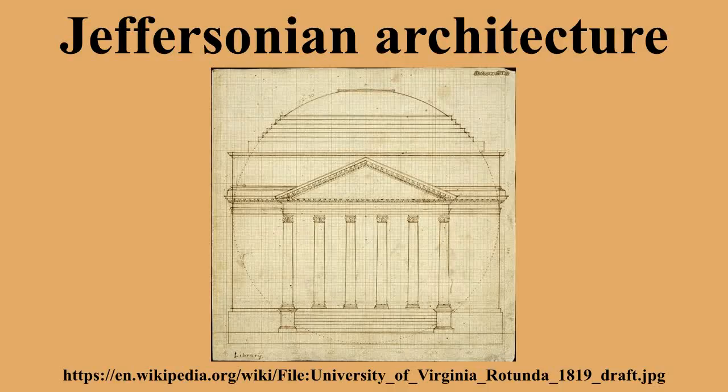The room inside the dome was described by a visitor as a noble and beautiful apartment, but it was rarely used, perhaps because it was hot in summer and cold in winter, or because it could only be reached by climbing a steep and very narrow flight of stairs.